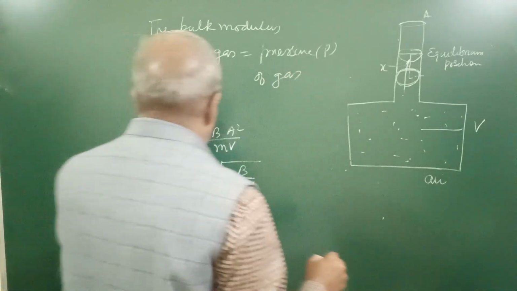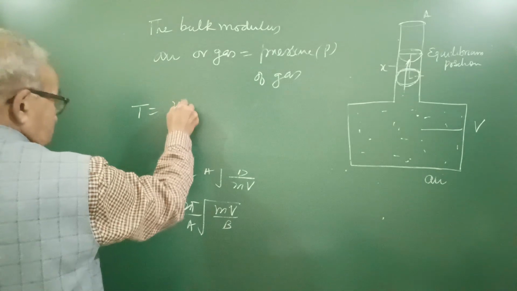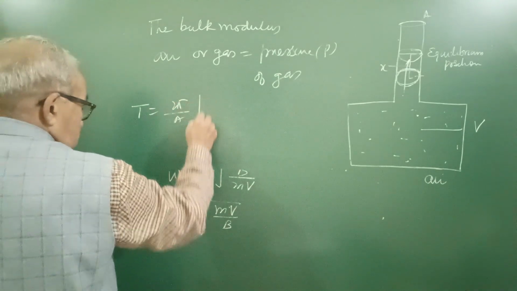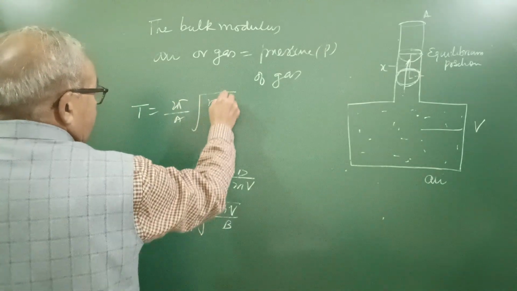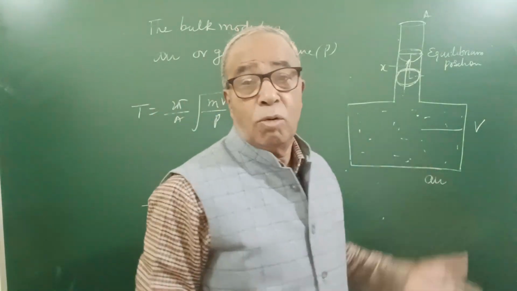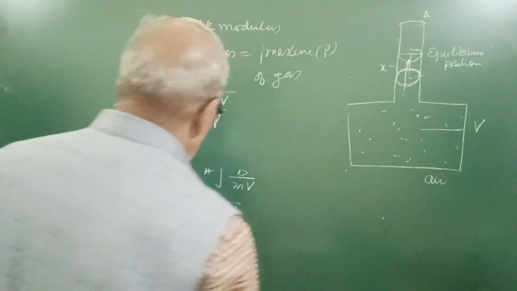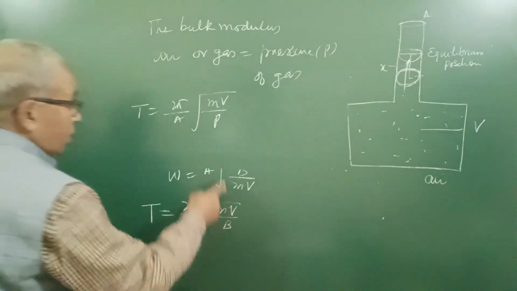So we can write T equal to 2 pi upon A under root m V upon P, where P is the original pressure. So in place of B we can use P.